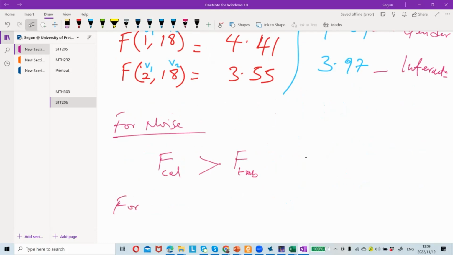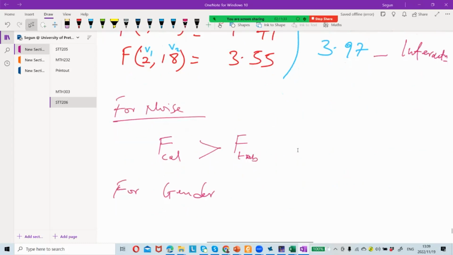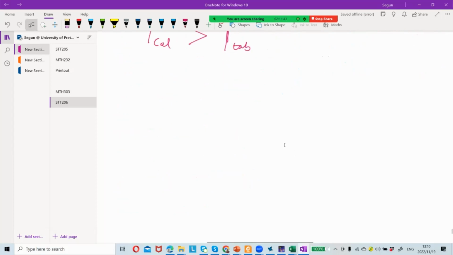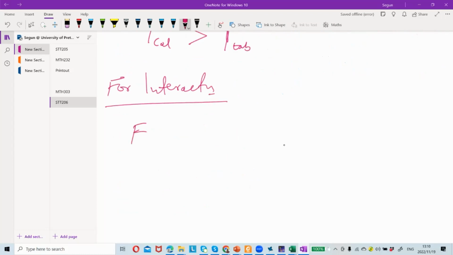Then for the gender, F calculated too, F calculated is greater than F tabulated. Then for the interaction, opposite. F calculated is greater than F tabulated.